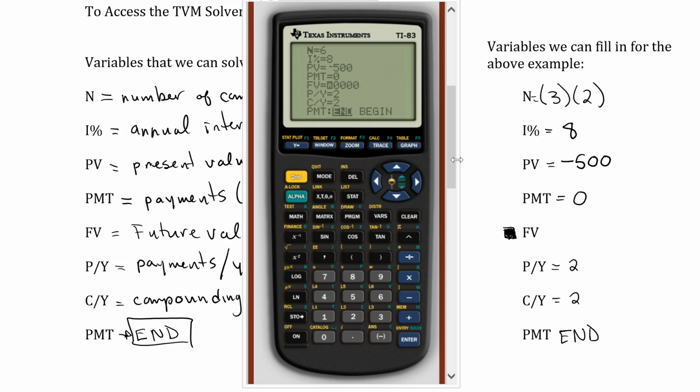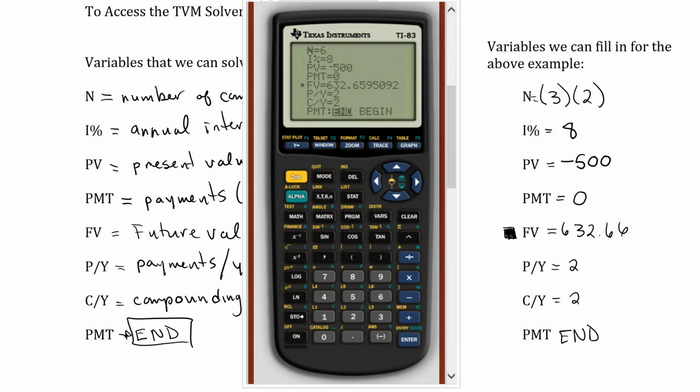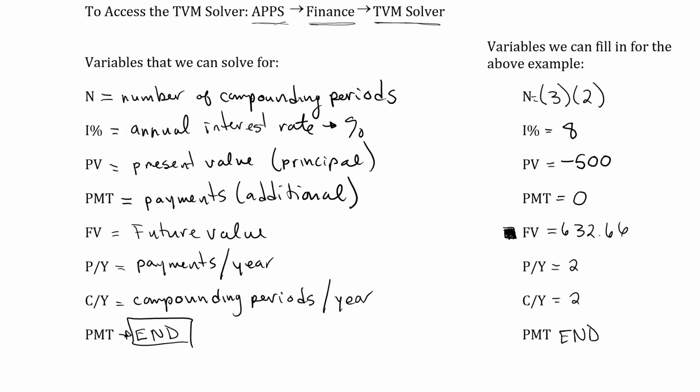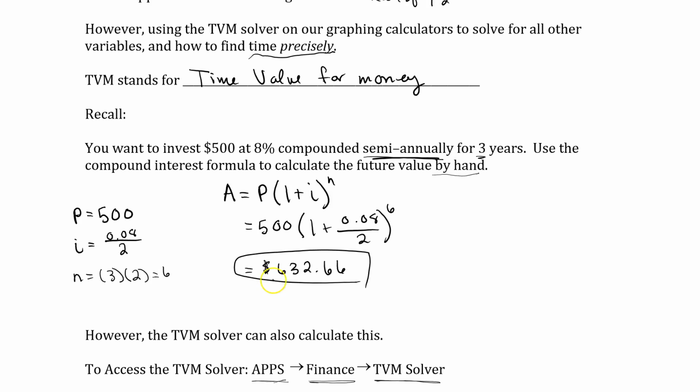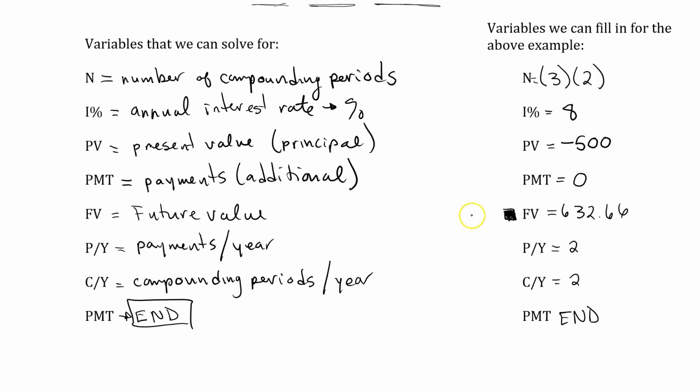And we notice here, hey, 632.66. Look at it. Cool. That is the same thing as what we got up here when we did it by hand, $632.66. So this is actually going to be way faster for you, and this TVM Solver is actually a very powerful tool that we can use.